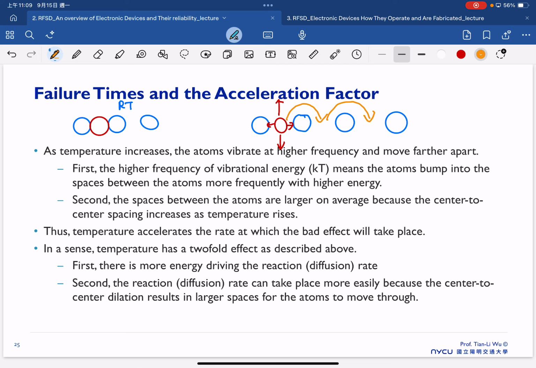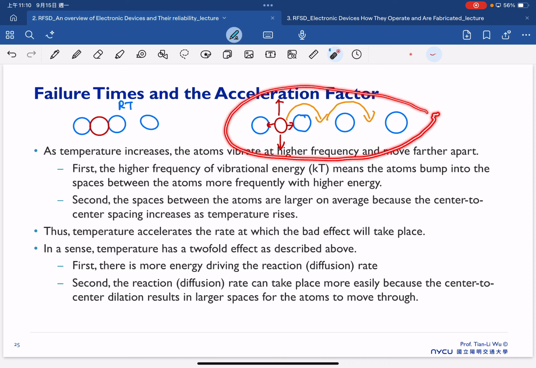So this is what these two sentences mean here. First, a high frequency of vibration energy means the atom bumps into a space between the atoms more frequently with a high energy. And secondly, the space between the atoms is larger on average because the center to center spacing increases as the temperature rises. That's what we can understand from these schematics.